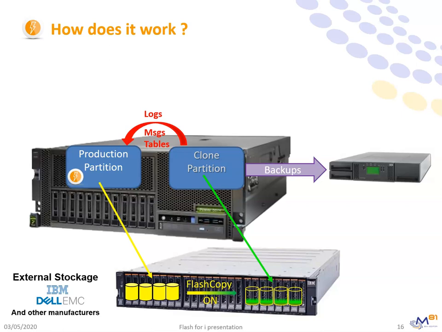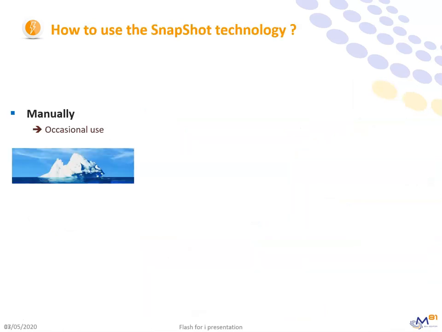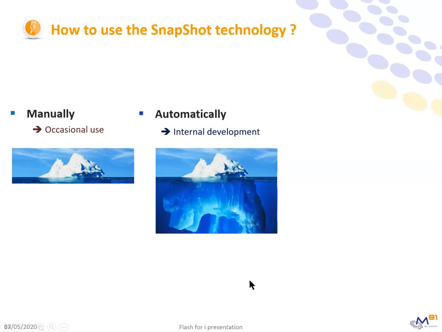In this example, I said that the clone partition could be used for backups. But you also can use it for any other purpose that needs production data without the users. All this is not very hard to do. It can be done manually if you need it once or twice a year.